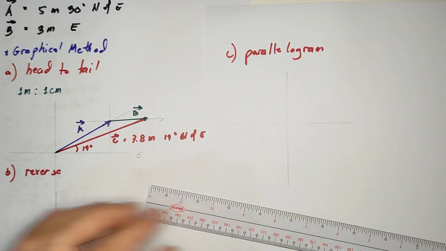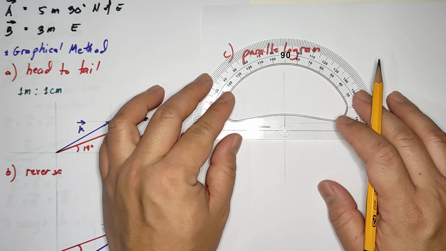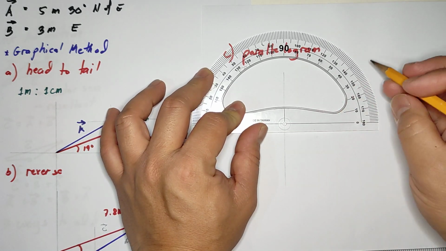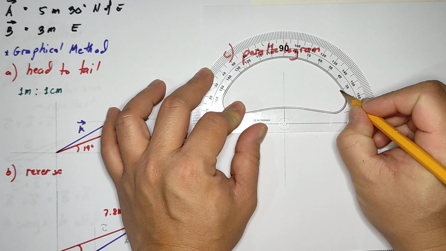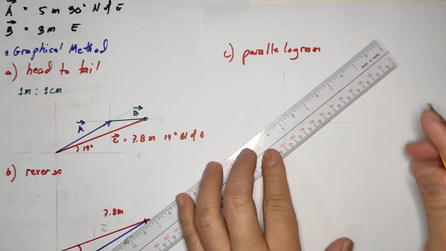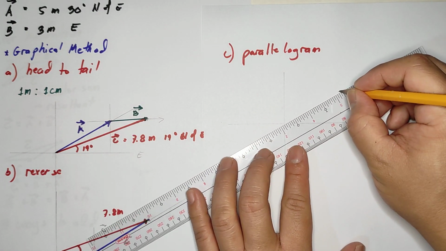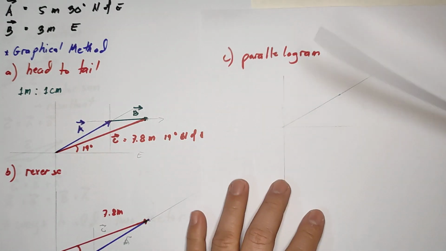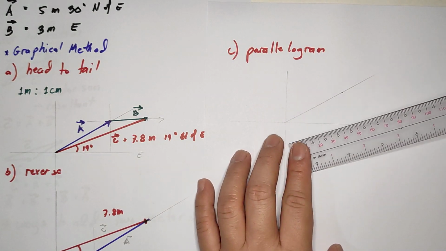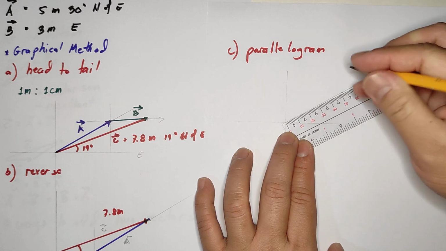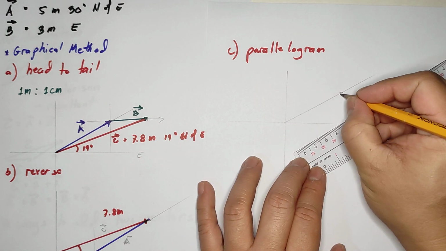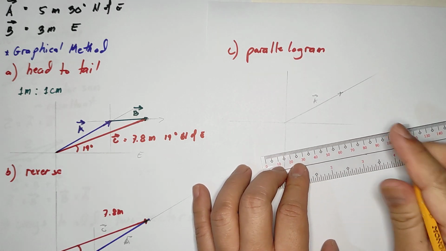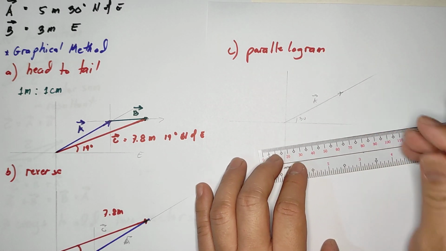The A is, of course, 30. So, here's 30 degrees, like that. Okay, and then 5. Okay, this is A. So 30 degrees.